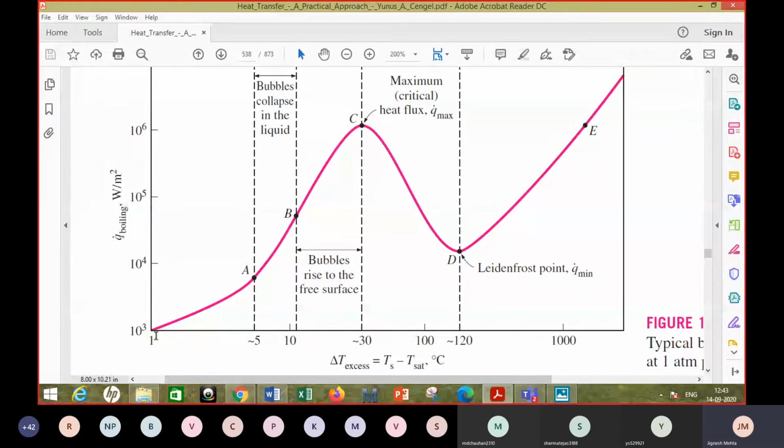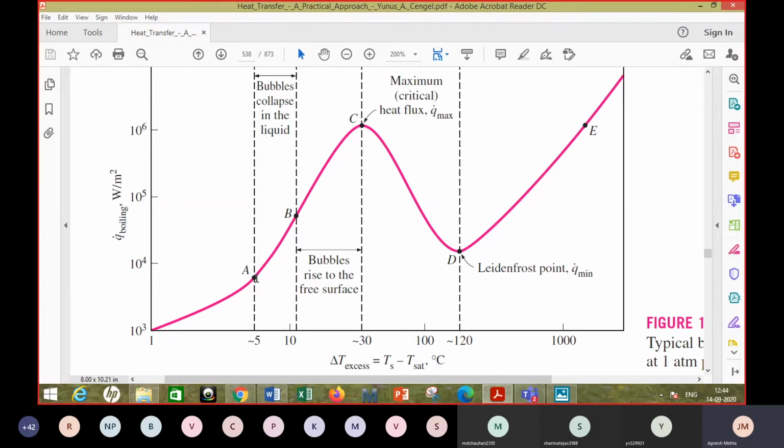So if you have water as the fluid and if you maintain the surface at temperature between 101 and 105, as you go on increasing that temperature, what you will see is that heat flux is increasing, but that's not very high, right?